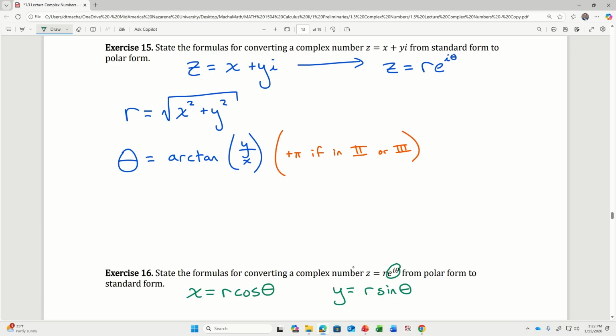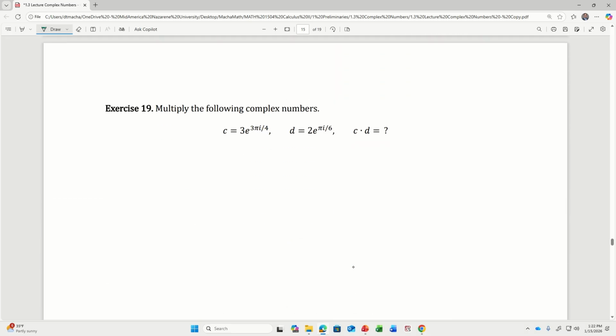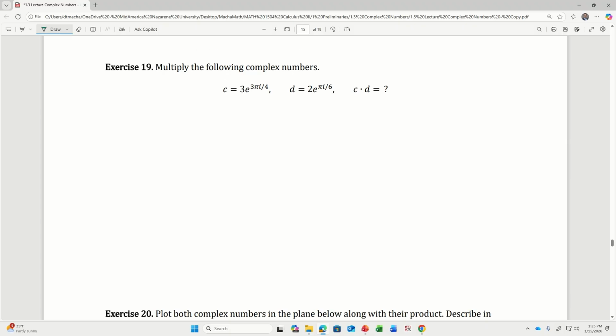Okay, so there are some questions about converting complex numbers from standard form to polar form, but remember you just have to use those formulas. We did some of that last time, so I'd like to skip over that in the interest of time.